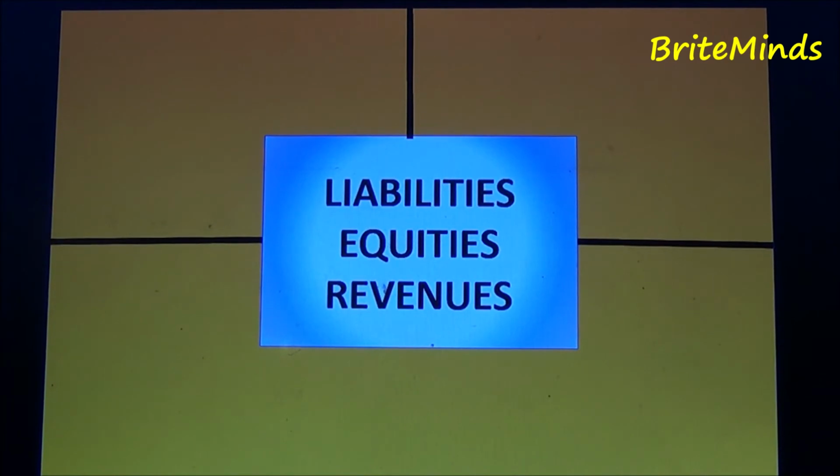Now we go to the liabilities, equity, and revenue accounts. So for these accounts, we are going to identify which position in the accounting entry they take. Now we go to the liability accounts. Any increases in liabilities are recorded as credit.